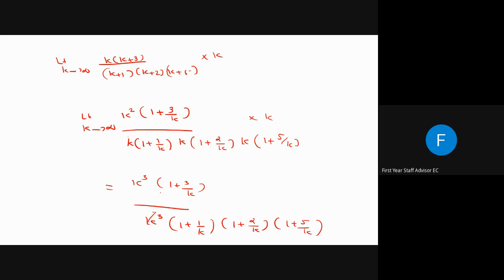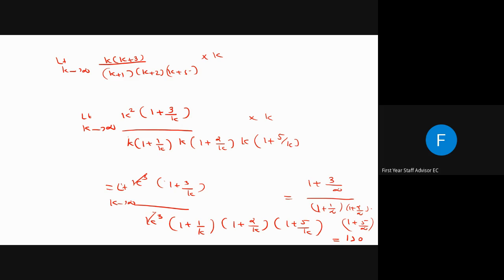These cancel. Taking the limit as k tends to infinity, 1 plus 3 by infinity divided by 1 plus 1 by infinity into 1 plus 2 by infinity into 1 plus 5 by infinity. So the answer is 1, greater than 0.